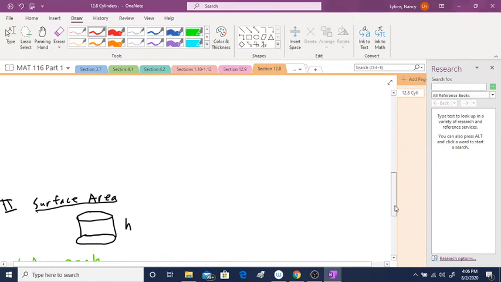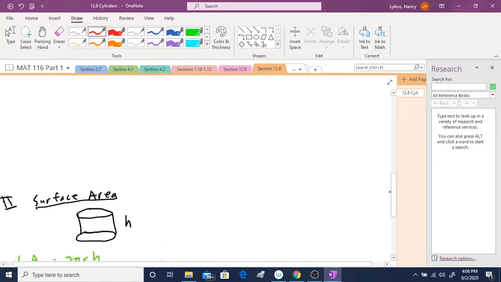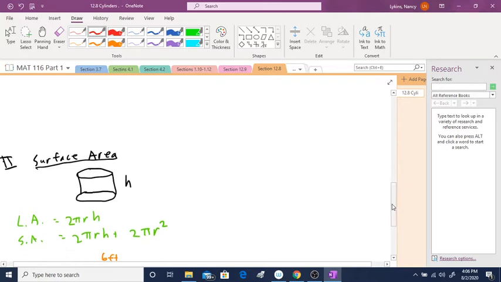Now finally I'm going to hit surface area. You've got a lateral surface area and a surface area. Remember, the lateral area is the area around the can. If you have a homework or test problem that deals with labels, think of it as the area that the label of the can is using.